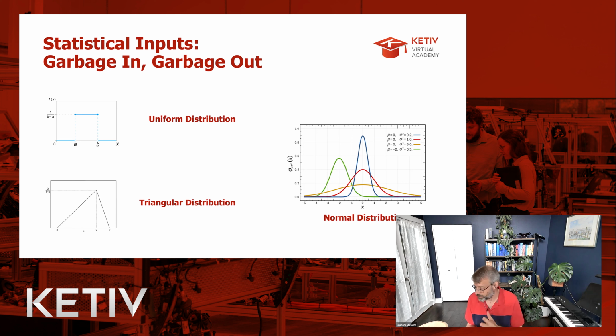Or you can just assume that it's normally distributed. So you want to make sure that you maybe use uniform distributions or rough triangular distributions if you really don't know what the variable's statistical distribution is. And if you do know that, you want to specify it precisely. Because if you've got the wrong inputs, of course, you're going to get the wrong outputs on the other end.